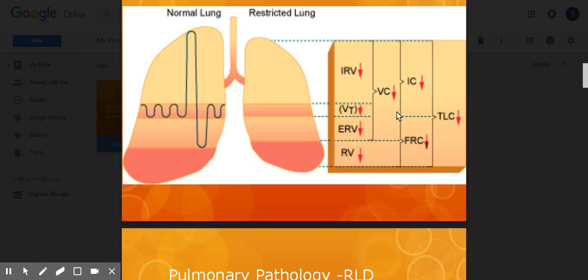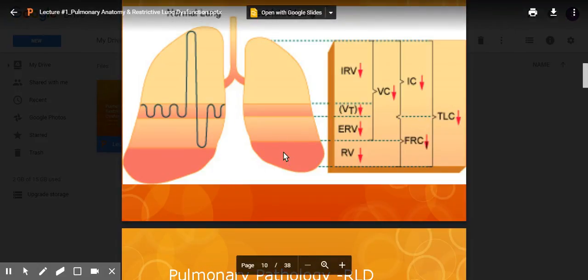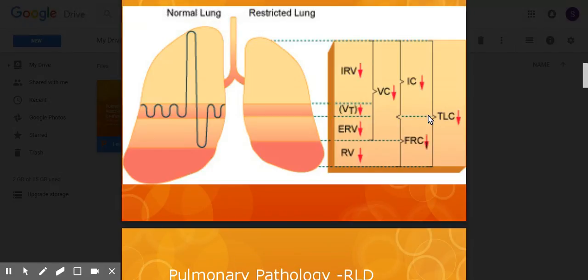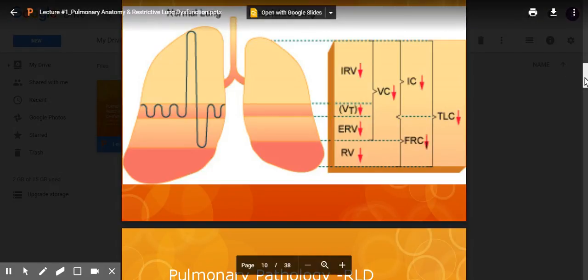So at age 55, when a person is lying in a supine position, they're starting to see small airways closing off right at the threshold of their tidal volume. By age 70, those small airways are starting to close off even in an upright position.